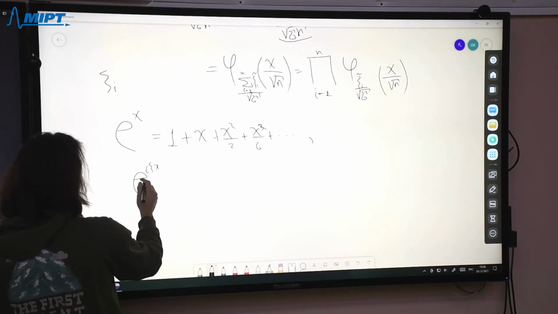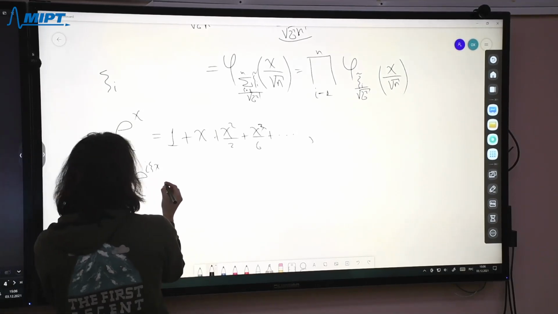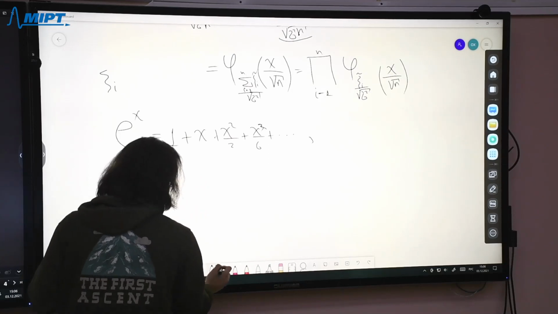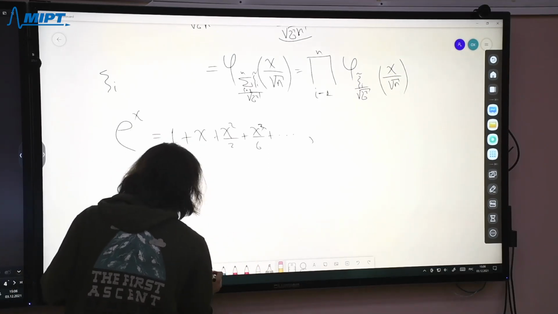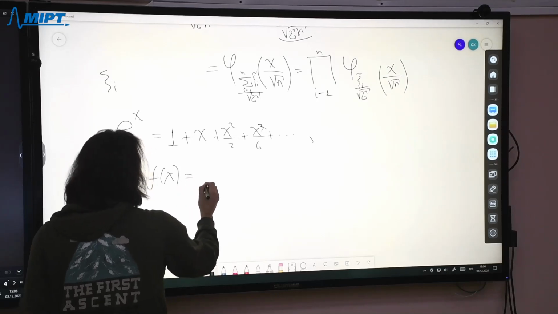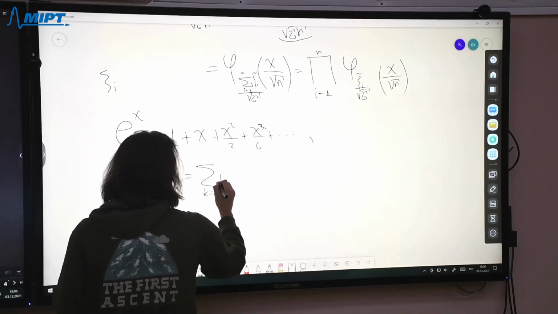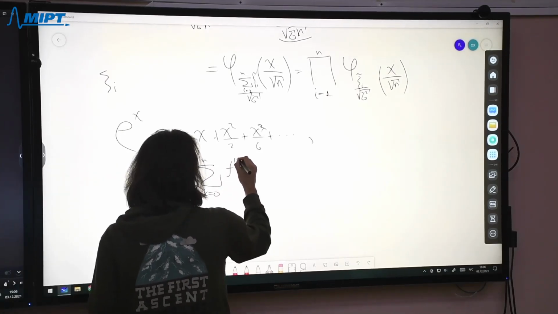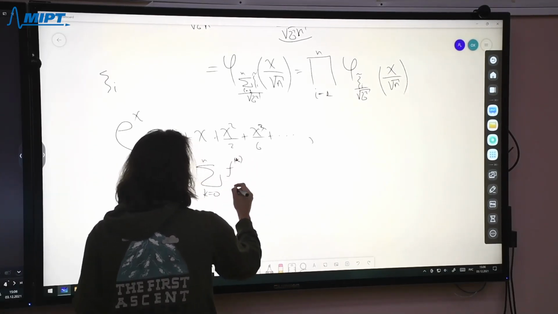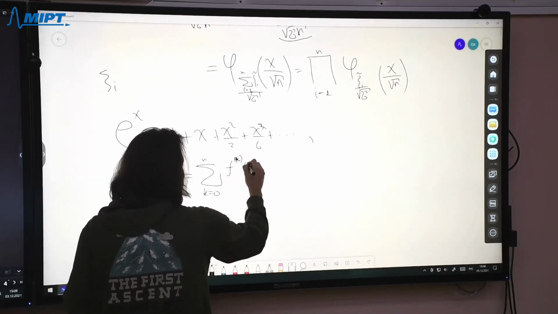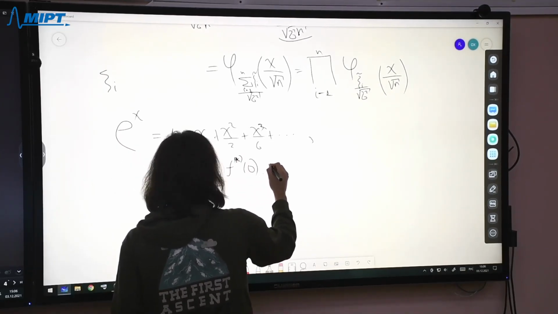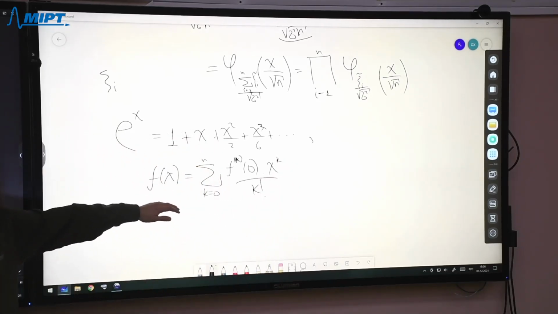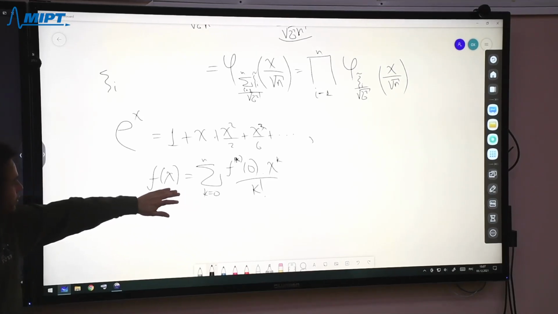So this, how to say it? What is going to be this? Okay, f of x is a sum from 0 up to n, well, actually infinity, right? f, the k-th derivative in the point 0, times x to the k over k factorial. This is the Taylor expansion, right? That you know.